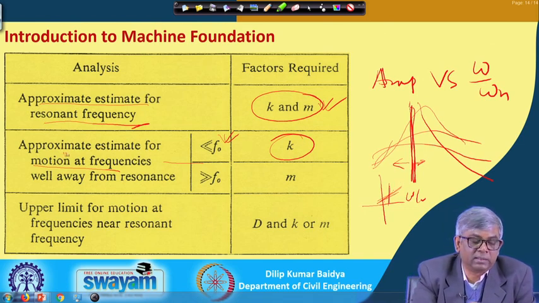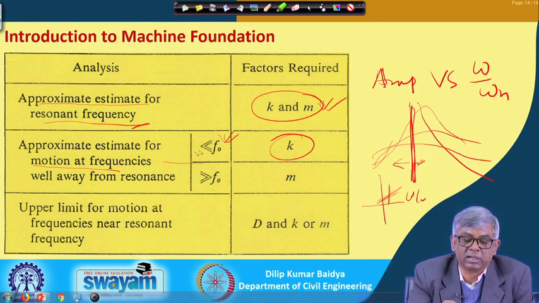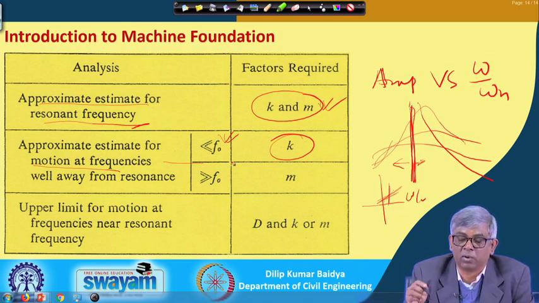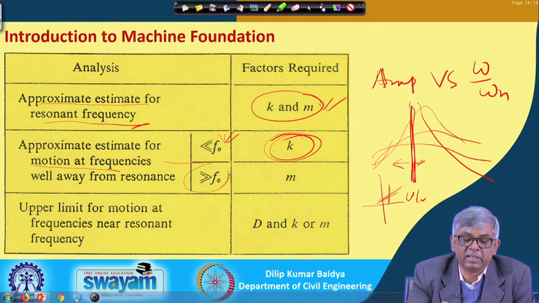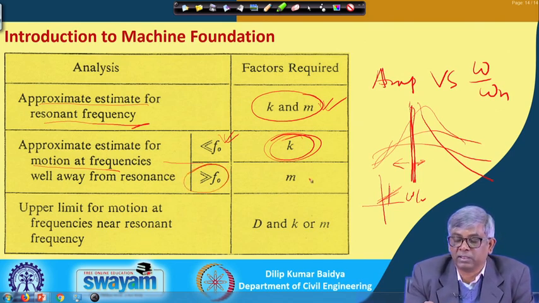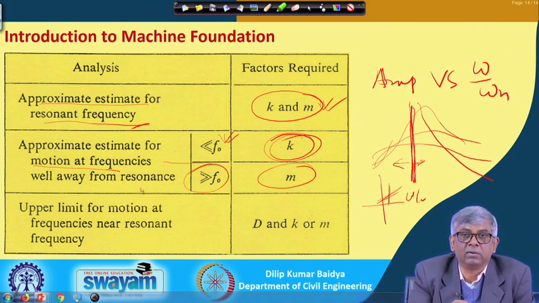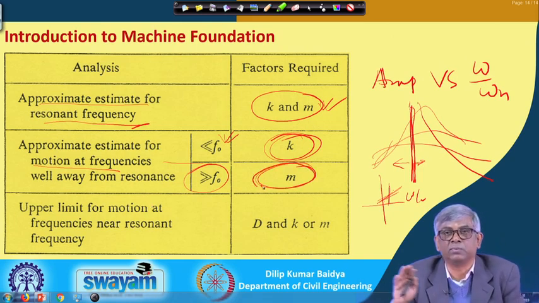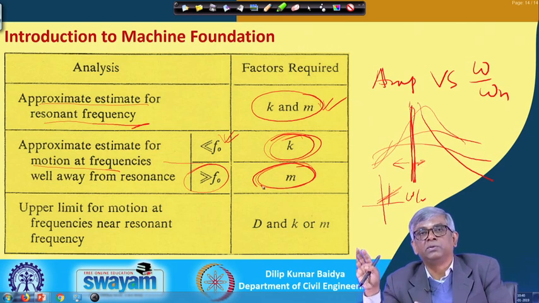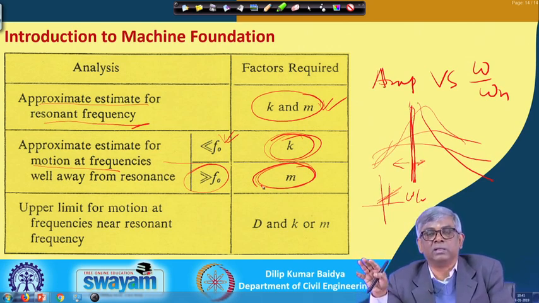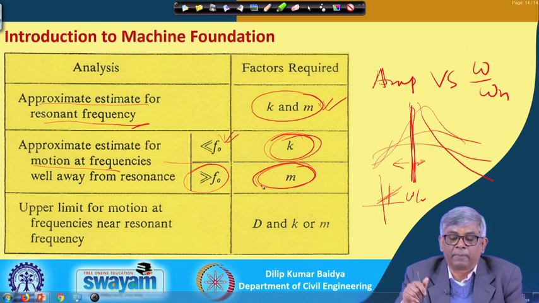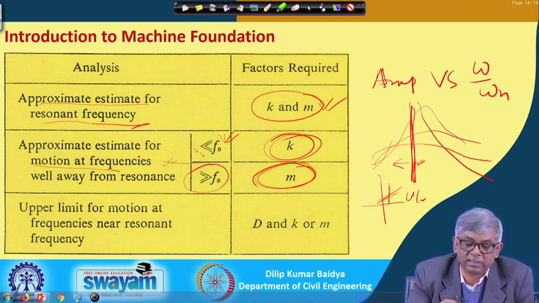So the approximate estimate of motion at very small frequency depends mostly on k, and when the frequency is very large, then m is important for calculating the motion. If the mass is more, then at large frequency the amplitude will be reduced. That is why it is important. So for a large frequency machine, the mass should be more; that is the guideline.